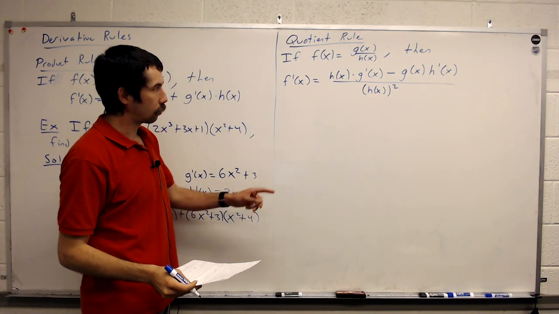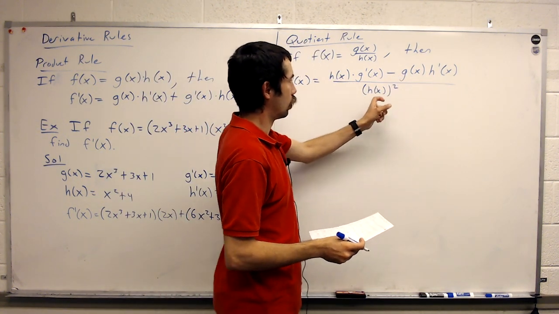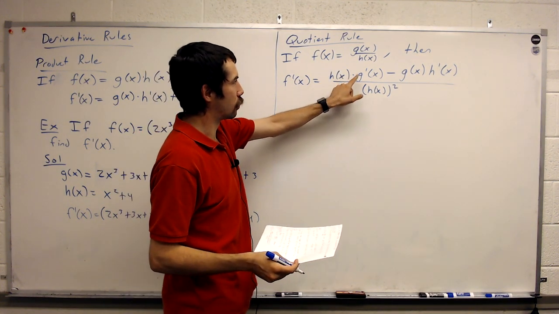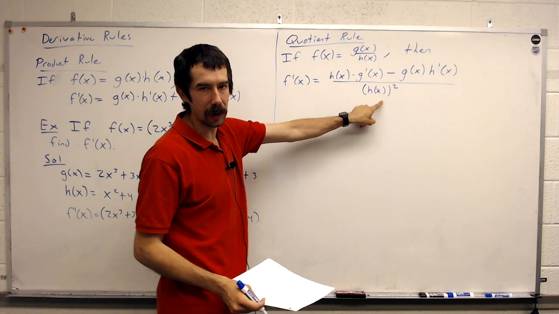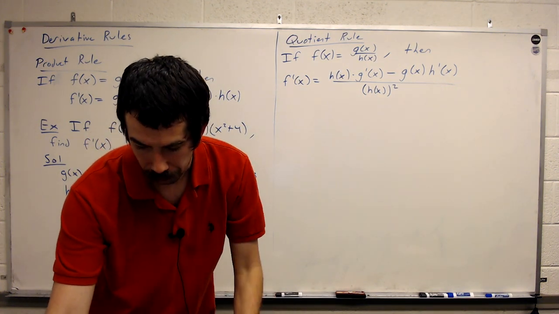So it's low d high minus high d low over low squared. Bottom times the derivative of the top minus top times the derivative of the bottom over the bottom squared. All right, so let's take a look at an example.